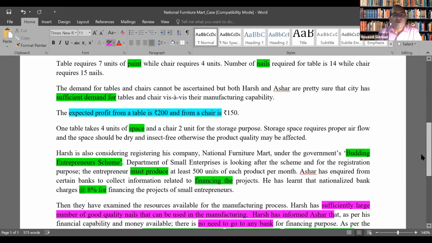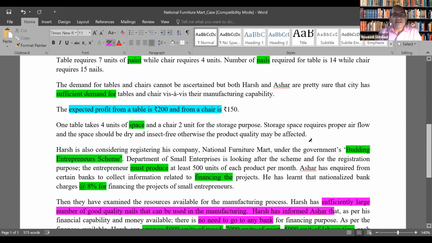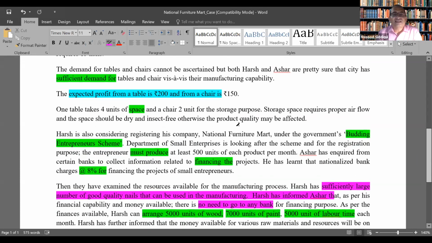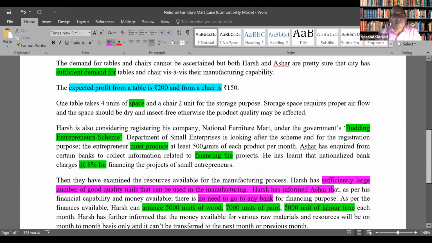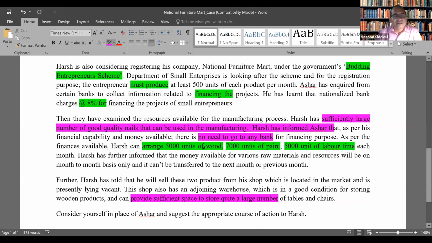When we move forward, we observe that related to the resources, some are limited in number, like wood, paint, and labor time. But there is no limitation on the demand, no limitation on the nails, no need for going to the banks, and no limitation on the space.